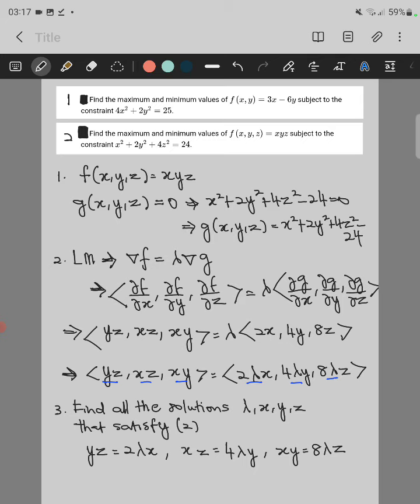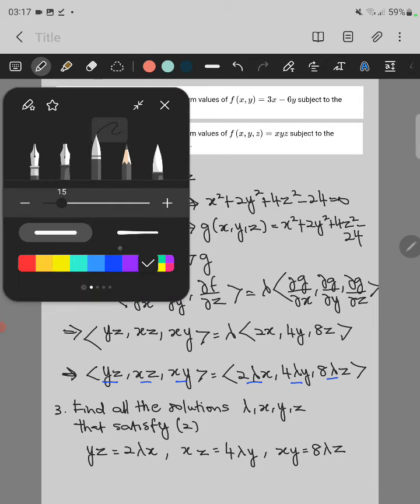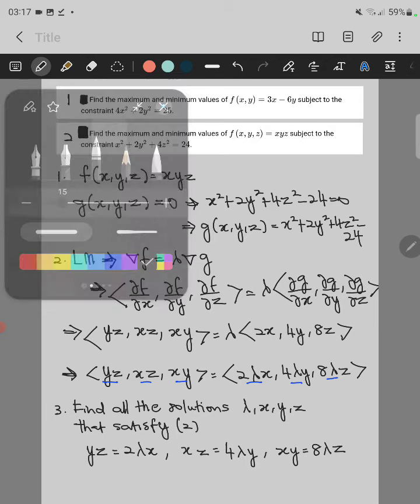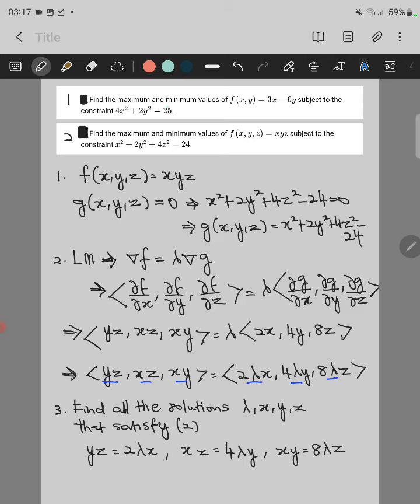So now we need to find all the solutions that satisfy number 2. How can we do this? Let's start from here. Since for each equation we have x, y, z, and also lambda, let's look at this one first.